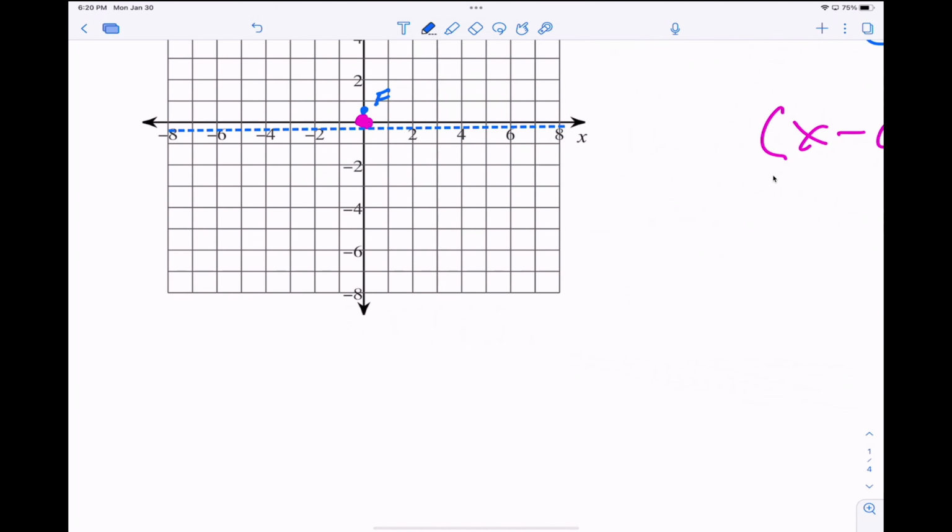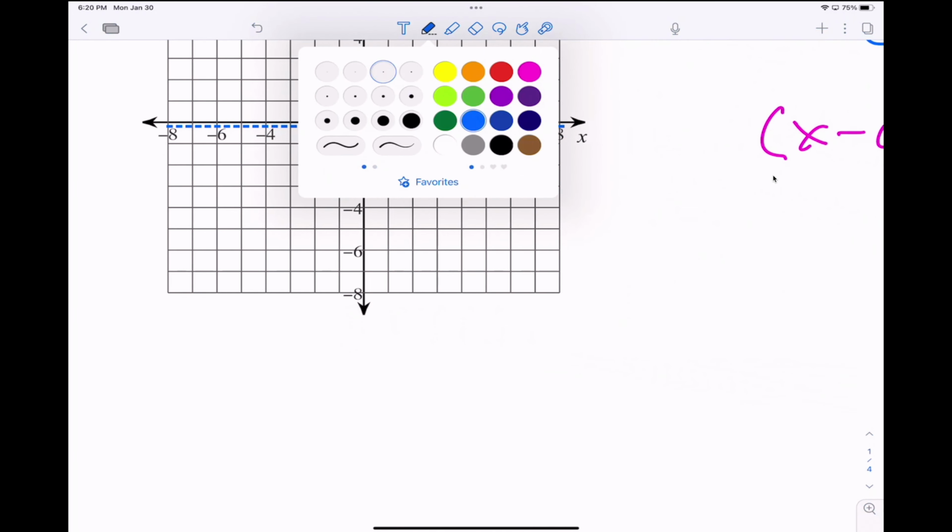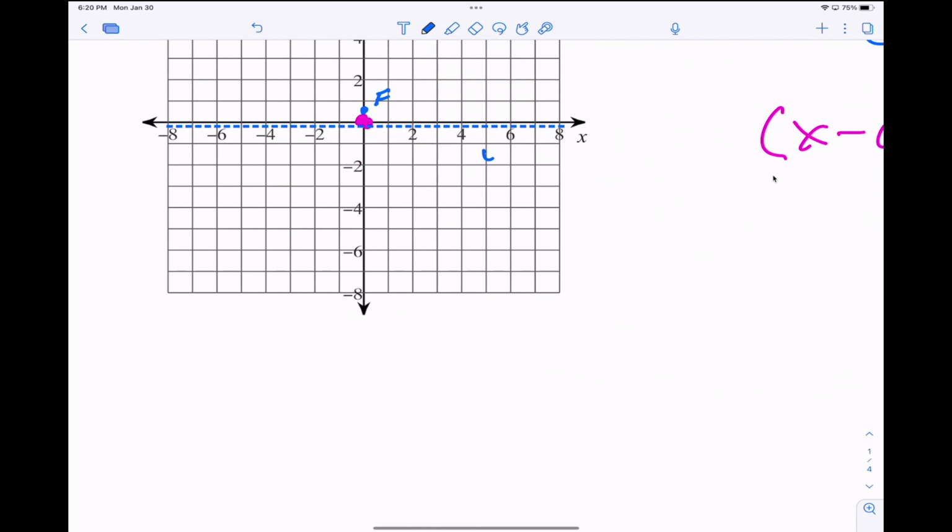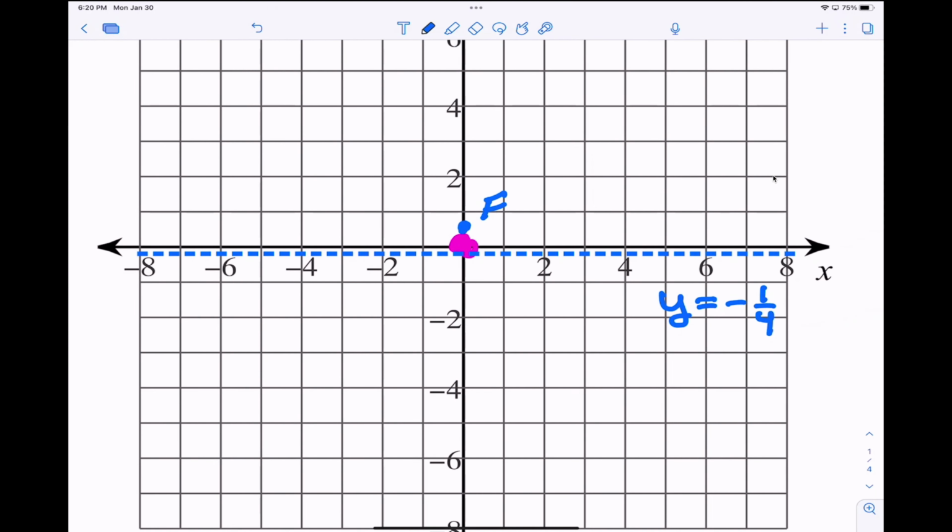I'm going to try and take advantage of Notability's straight line drawing ability to really snuggle that up there. But that would be the line y equals negative 1/4. Okay? Y equals negative 1/4.